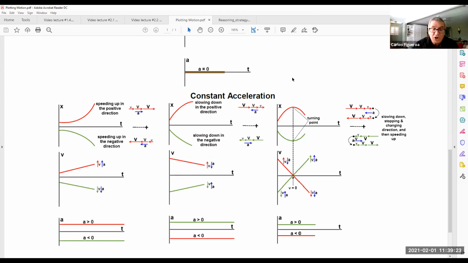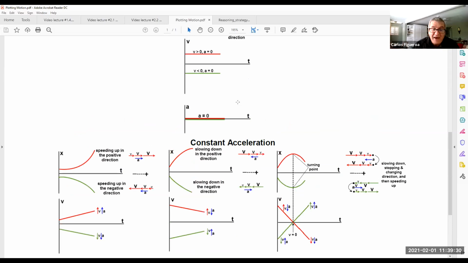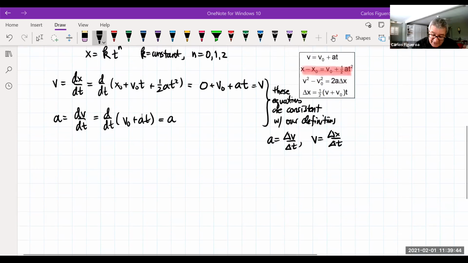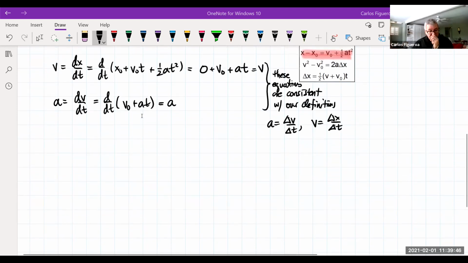Okay, so I want to go through these and help you understand what this is. But note, you have access to this because you can download it from the website. So let's go look at this now. The first case I want to look at is case 1.